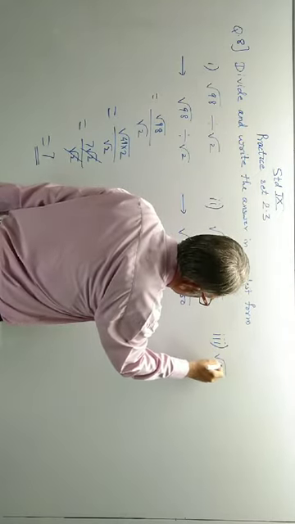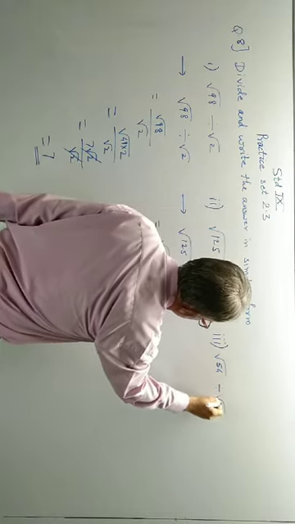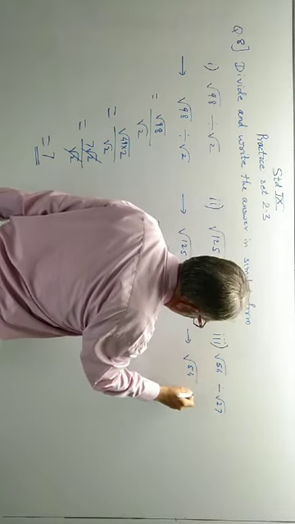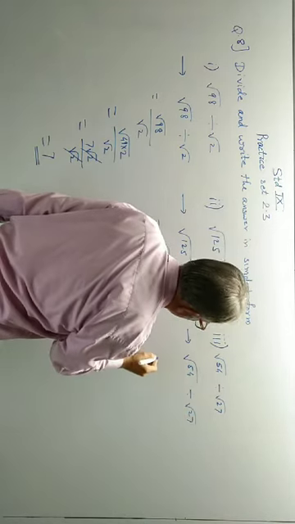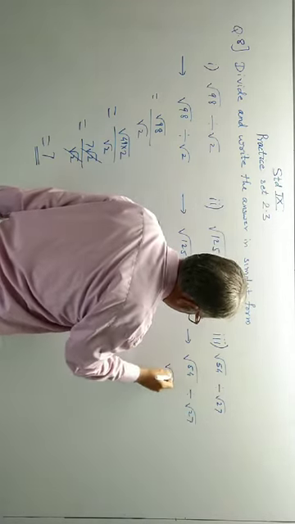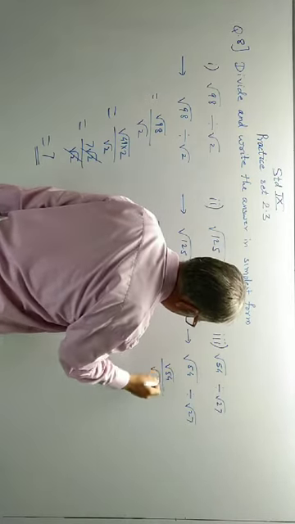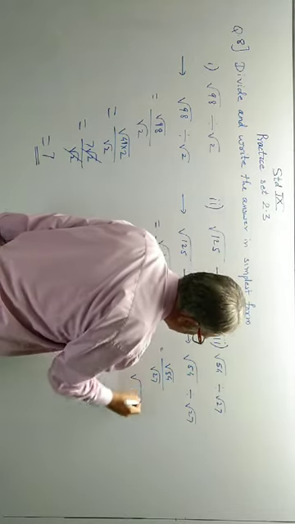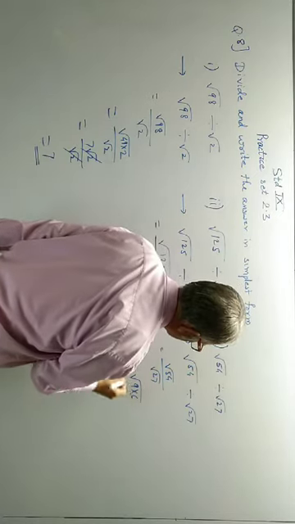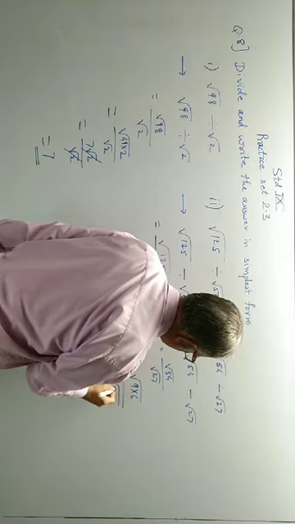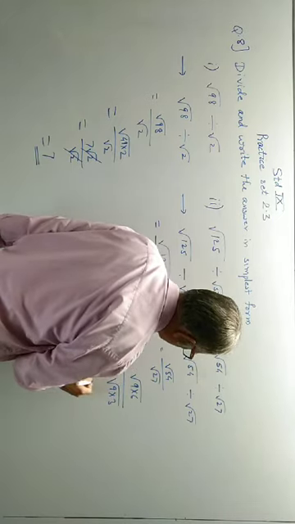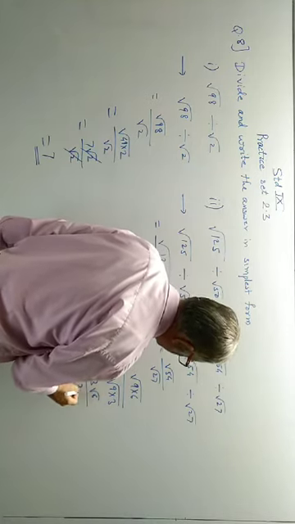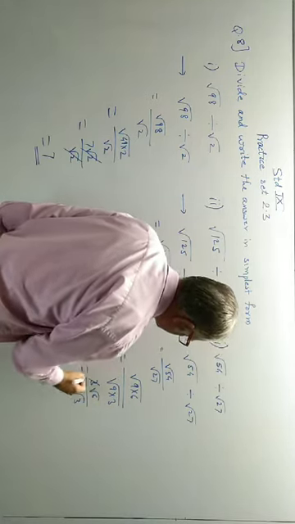It can be written as root 54 upon root 27. 54 is 9 sixes, and 27 is 9 threes. 9 will come out as 3 root 6, and this 9 will come out as 3 root 3, and the 3s cancel.